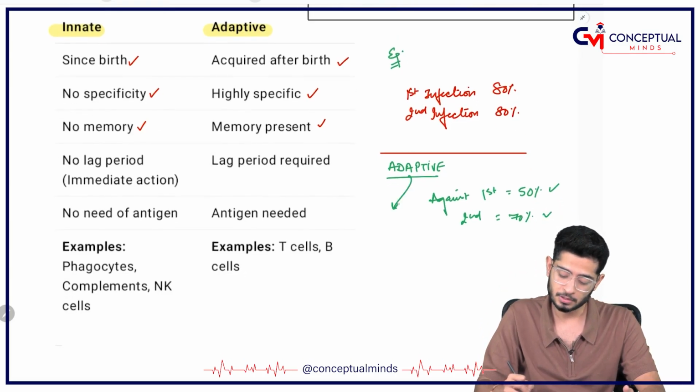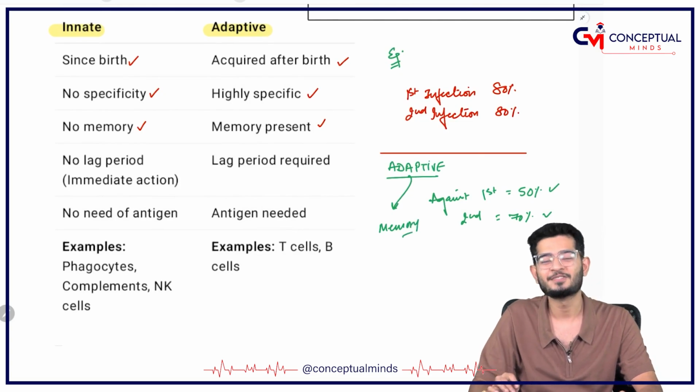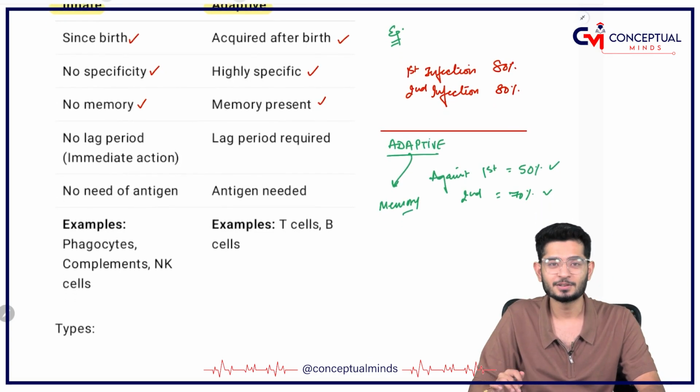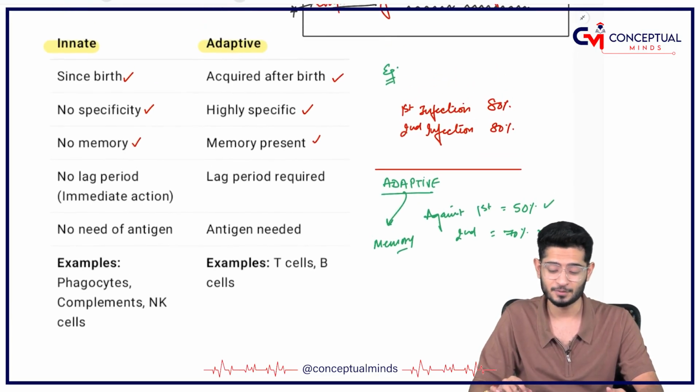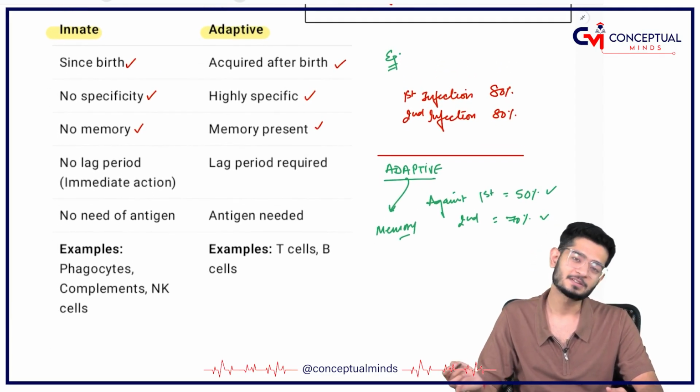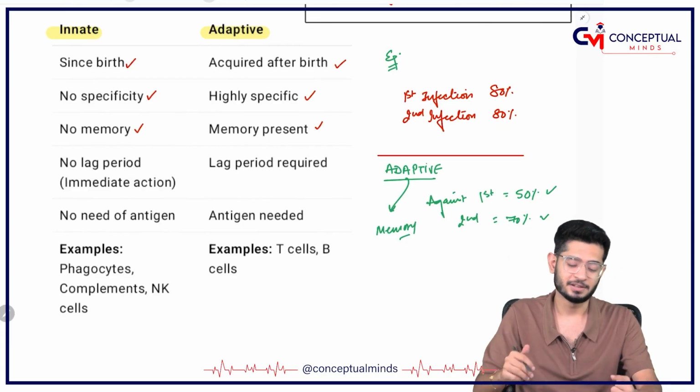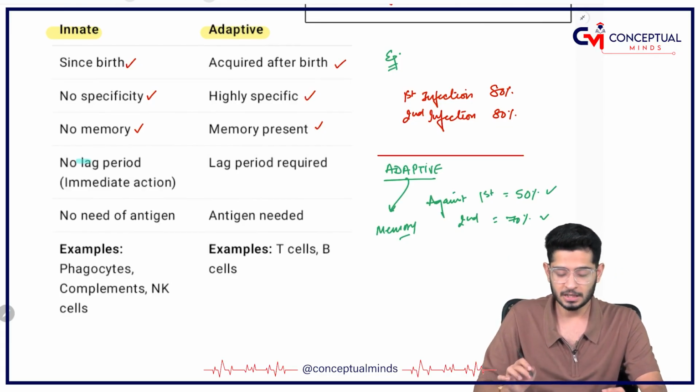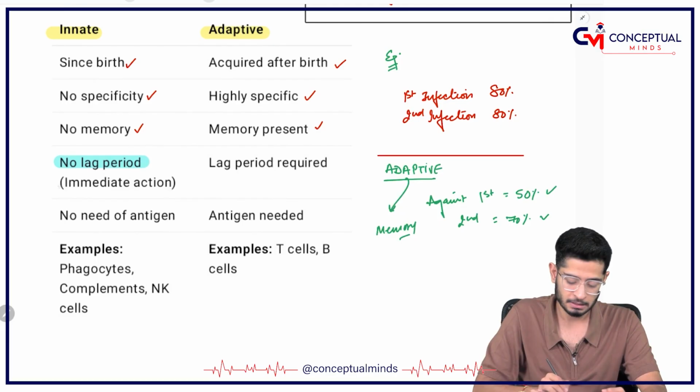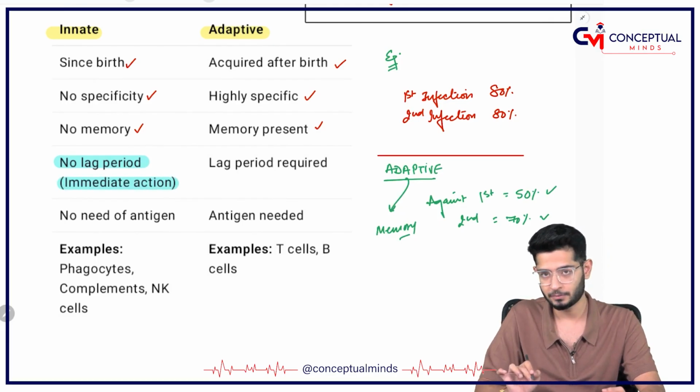Because adaptive immunity has got memory. Just like you, my dear friends, if the first girlfriend cheated you, the second time you will be wiser. Similarly, adaptive immunity next time for the same infection is very much ready and is going to show a very high yielding response.